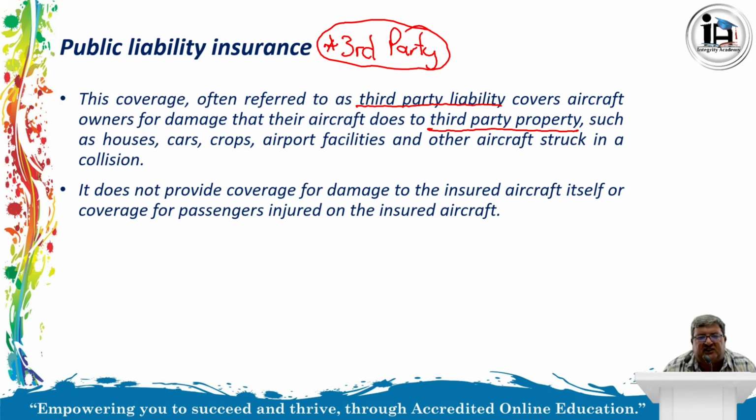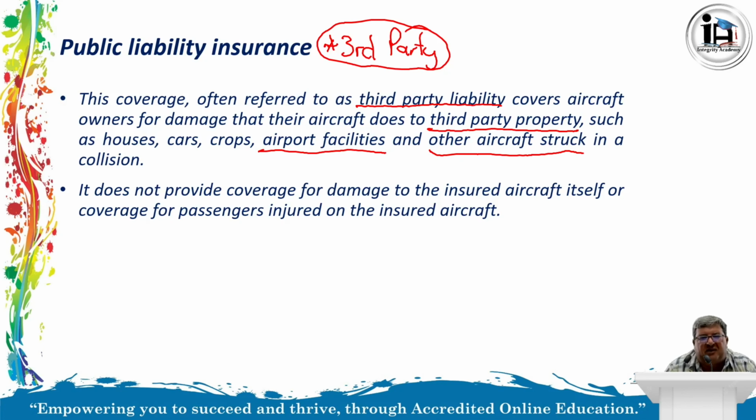It's the third party, somebody else. Okay, it's called damage. And also they said airport facilities. So the airplane might strike a building, or it might strike another aircraft. Which also happens: your aircraft is parked and another one is going past it, and one wing tips the other wing, and now the wings are broken off.